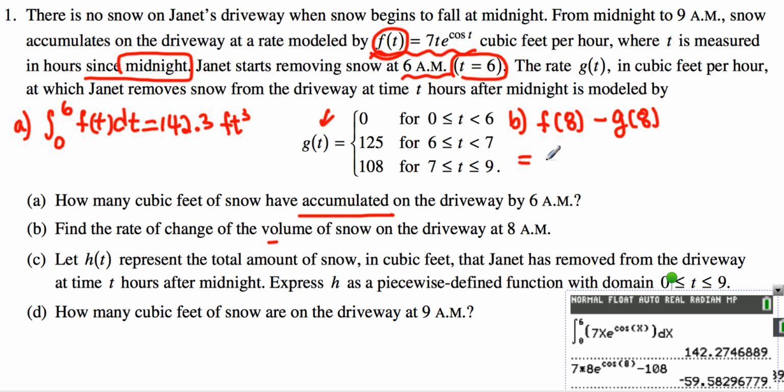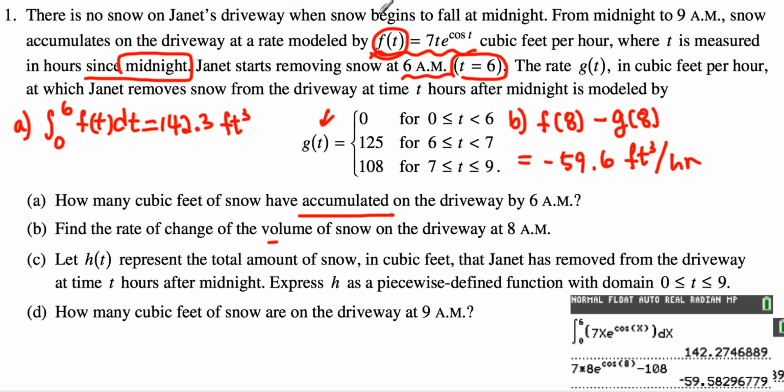So negative 59.6. And then that's how much is being changed. So cubic feet per, in this case, hour.